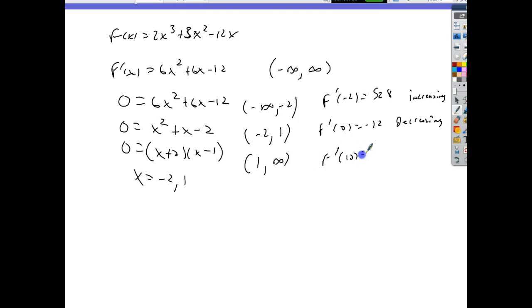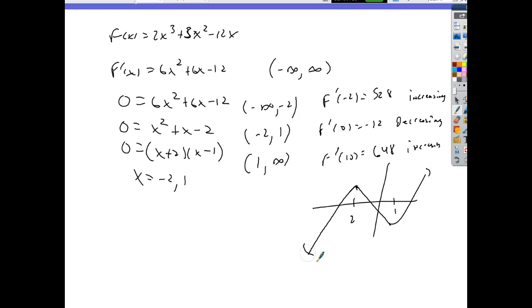All right, fine. 600, 660, 648. Which means it's increasing, right? So this function starts down here, goes up, and when I get to negative 2, it gets to a maximum of some sort. Then it starts decreasing until it gets to 1. And then it starts increasing again.